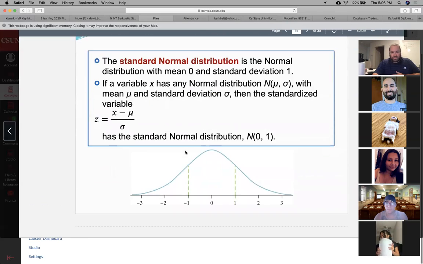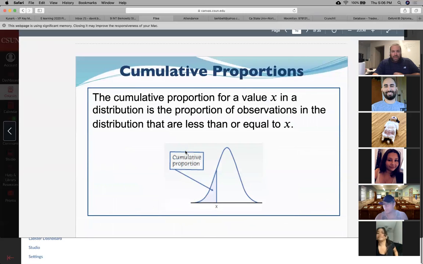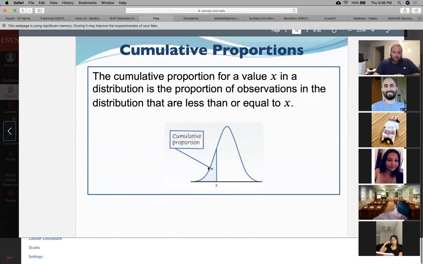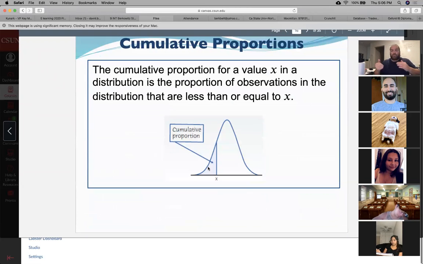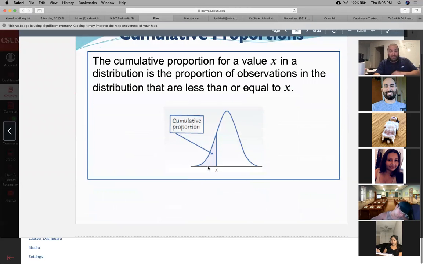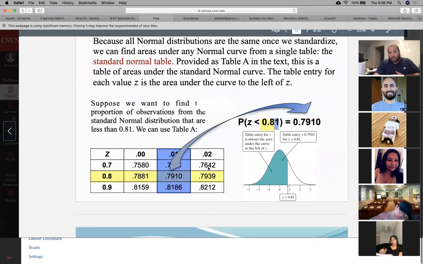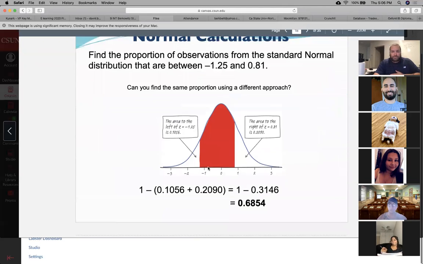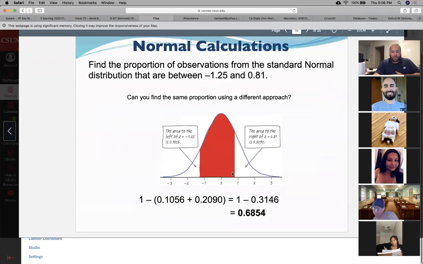The standard normal we talked about, that's N of 0, 1. On Crunch It, which you can use for exams, you calculate the cumulative probability up until a point, called the cumulative proportion. X less than or equal to a value. Of course, Crunch It can also do greater than a value, just 1 minus that. You can use tables as well, although you don't have to, between 2 values.